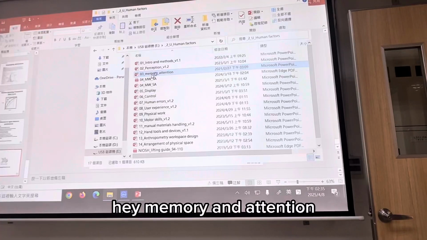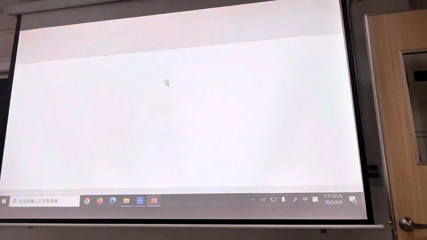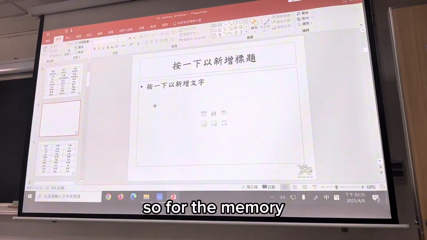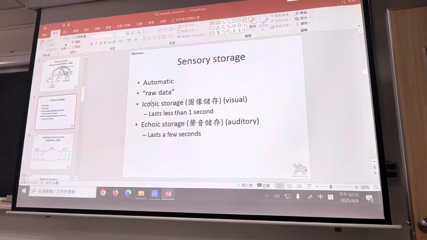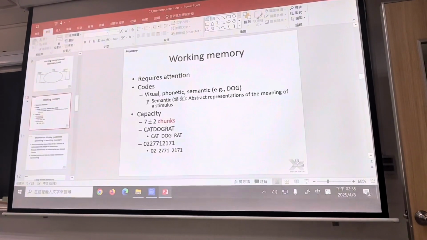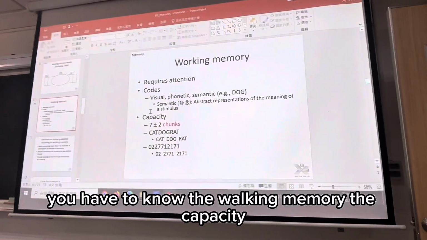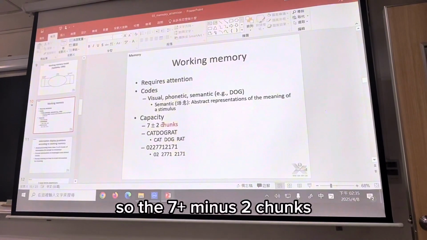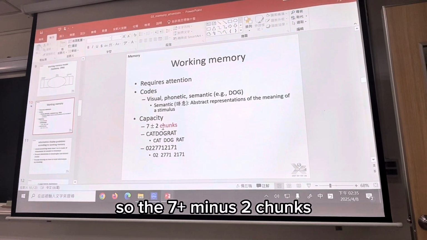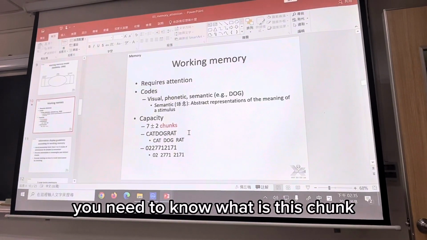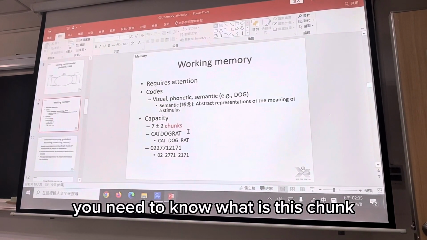Okay, memory and attention. So for the memory, you have to know the working memory capacity. So it's 7 plus or minus 2 chunks. So you need to know what is a chunk.